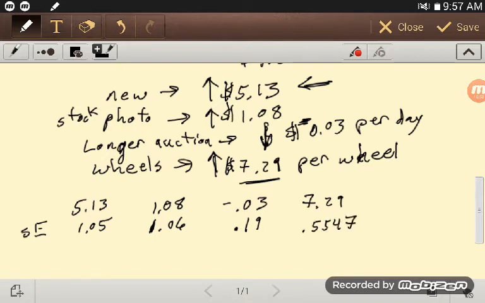Well, if we look at that, then our t statistic is 4.88 when we do that division.